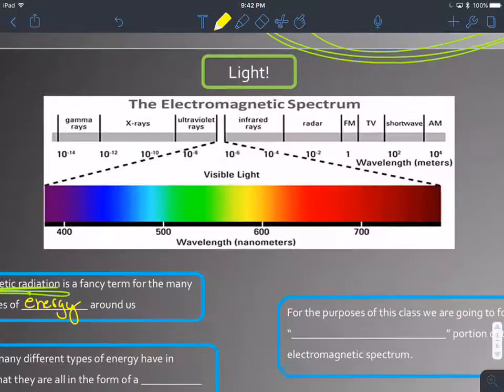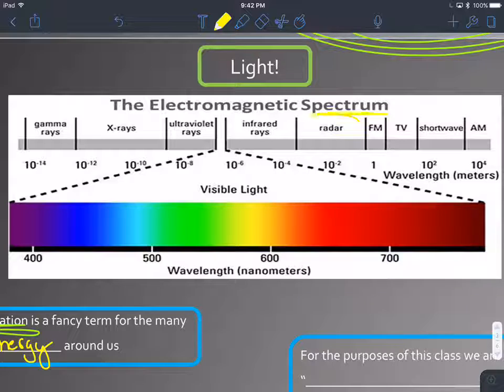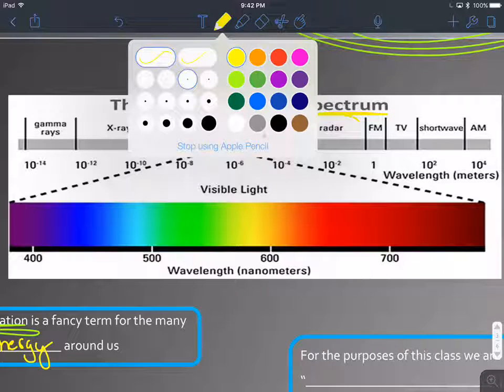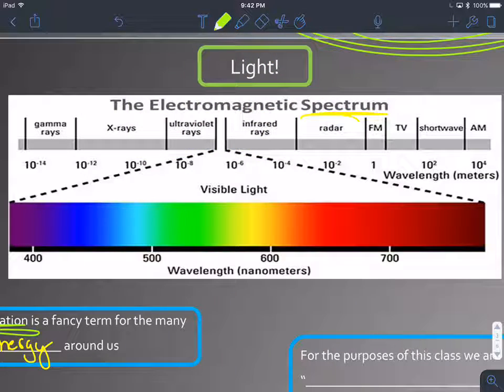If you look at this great spectrum we have here, this is showing us all the different types of electromagnetic radiation that there are. This goes from gamma rays to X-rays that you know, to UV rays. This is what gives you a sunburn.